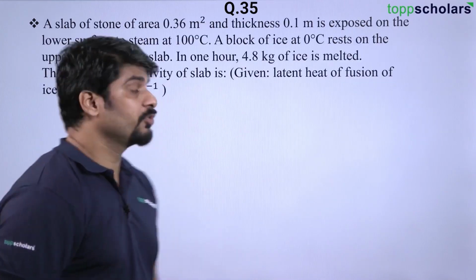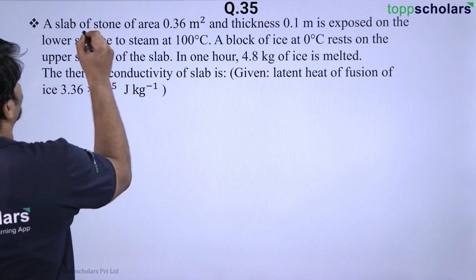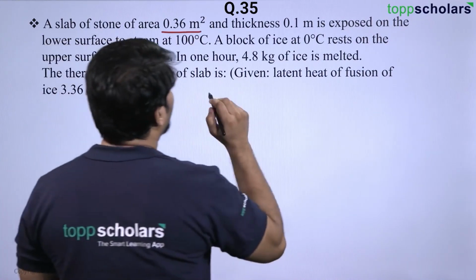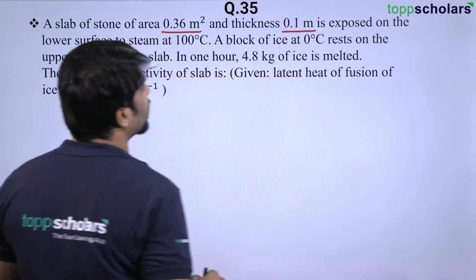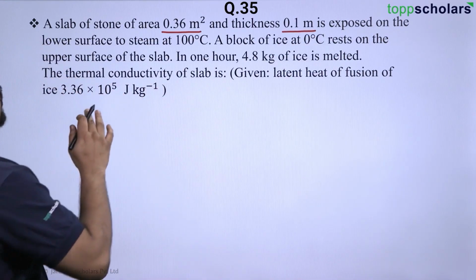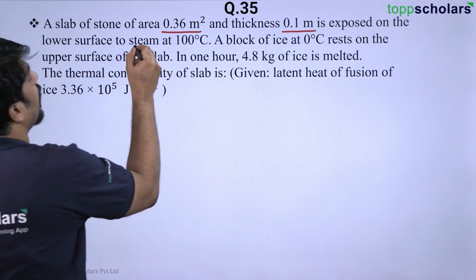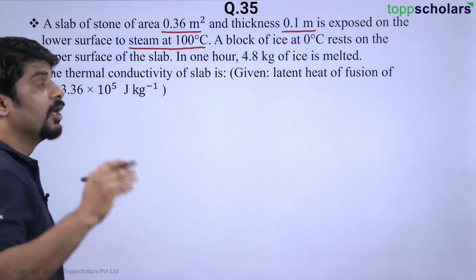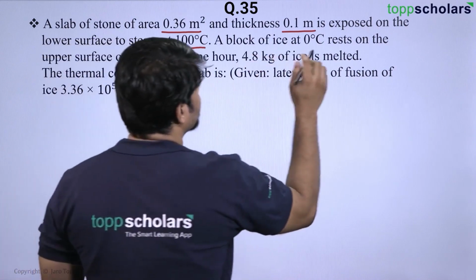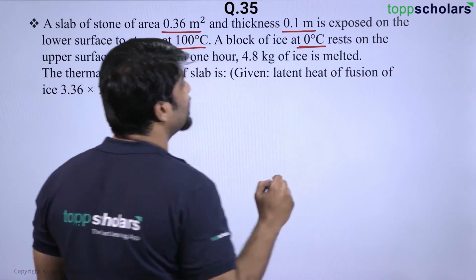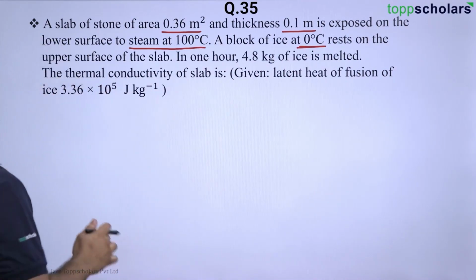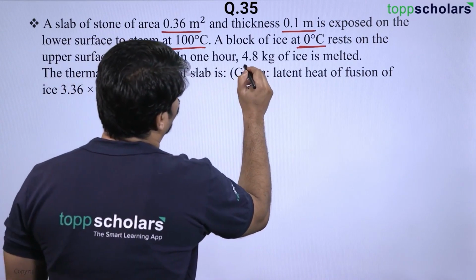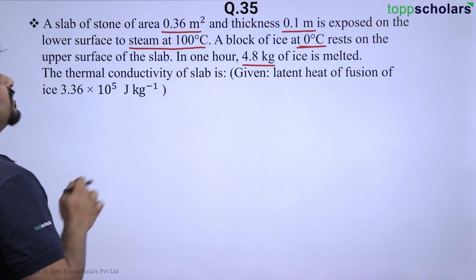So here is another question. A slab of stone of area 0.36 meter squared and thickness 0.1 meter is exposed on the lower surface to steam at 100 degrees Celsius. A block of ice at 0 degrees Celsius rests on the upper surface of the slab. In 1 hour, 4.8 kg of ice is melted.